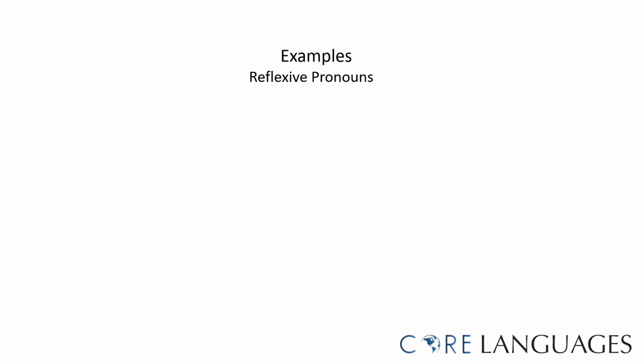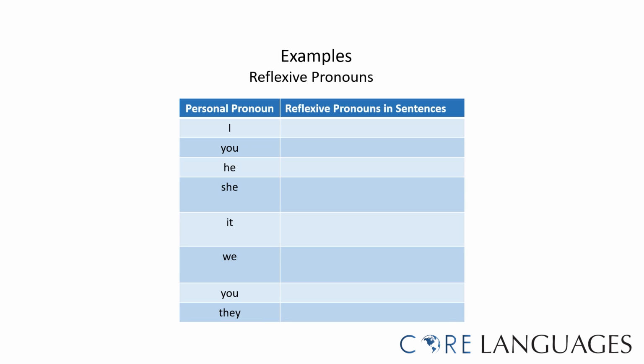Here are some example sentences that have reflexive pronouns where the subject and the object are the same. I saw myself in the mirror. Did you hurt yourself? He bought himself a laptop.